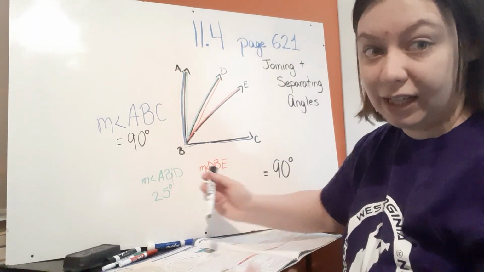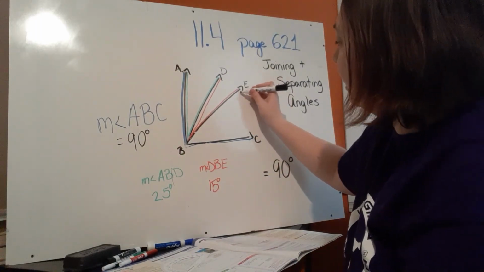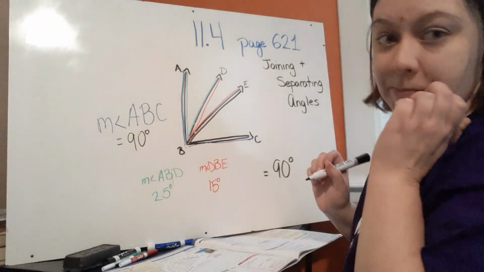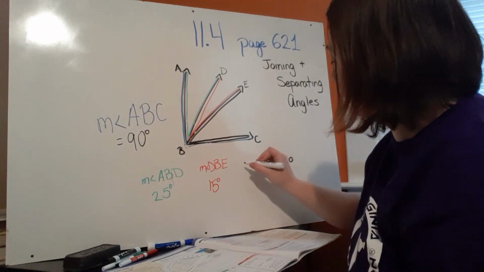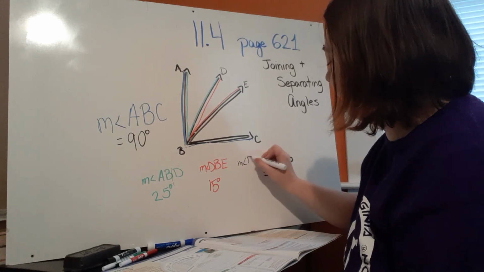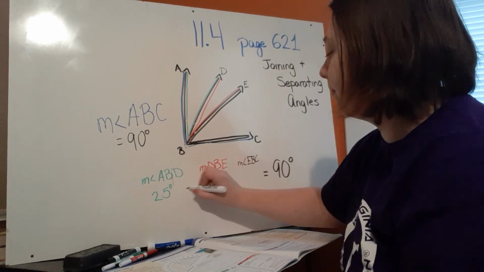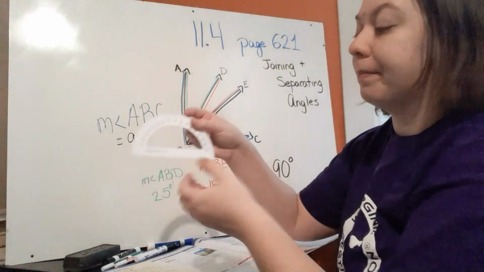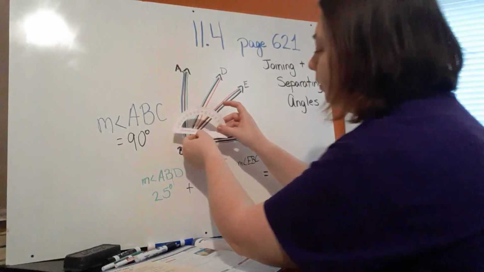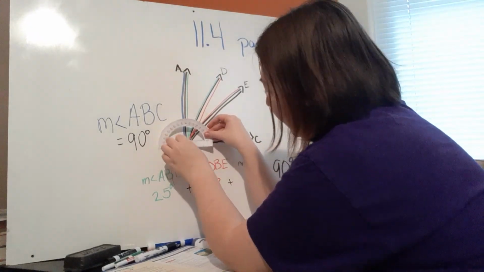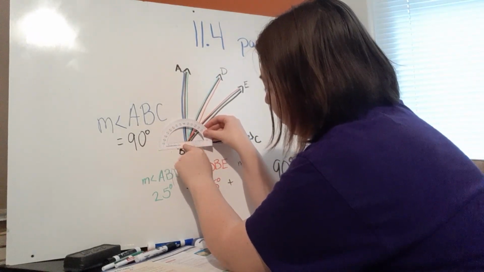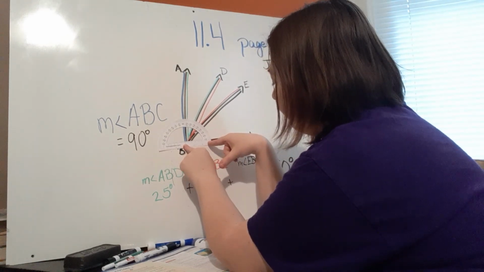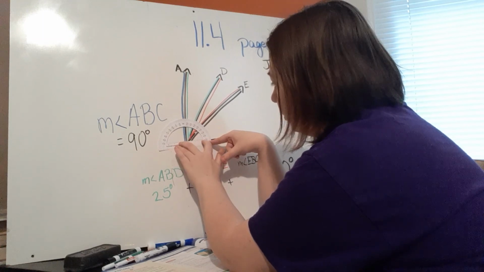Now I have one final angle to look at. Now I want to find EBC. So I'm going to have E, B, C. Again, lining up my hole at vertex B. Then I'm lining up ray BC at 0.